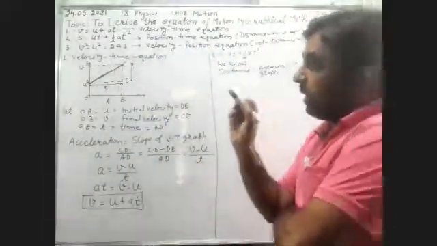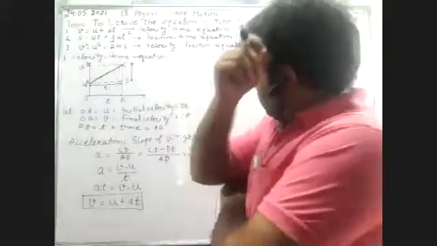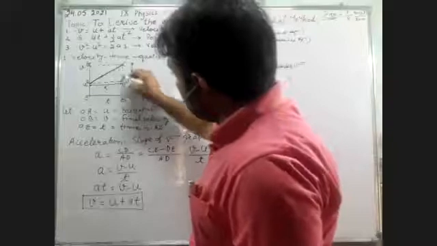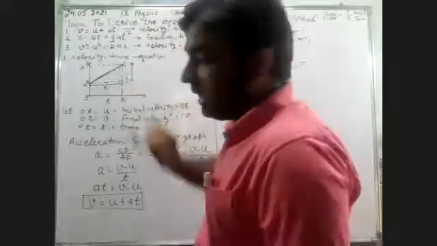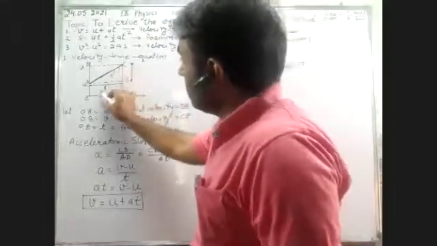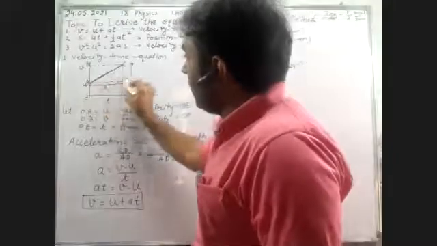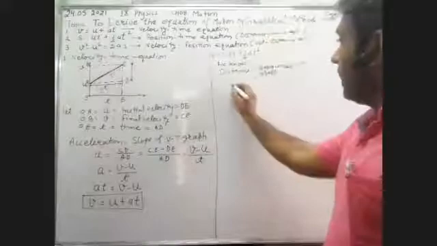And in this OACE, we are having two diagrams. One is ACD. ACD is a triangle, this area plus this area. OAD is a rectangle. So we can also write this.